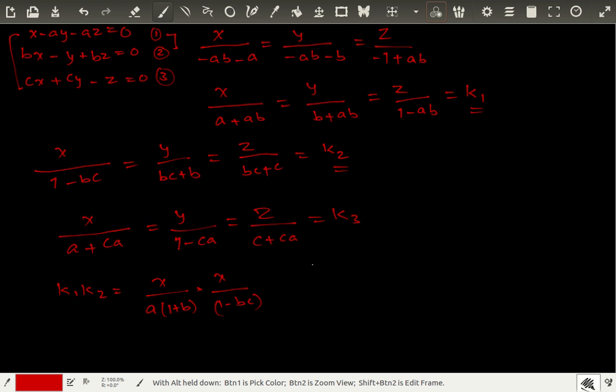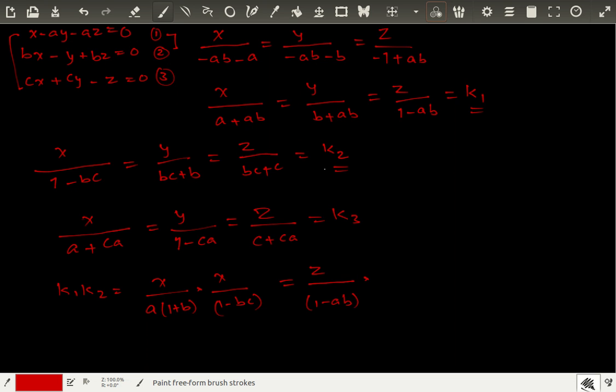This is K1 K2. This is also equal to z over 1 minus ab. Okay, we are taking z because we want 1 minus ab.